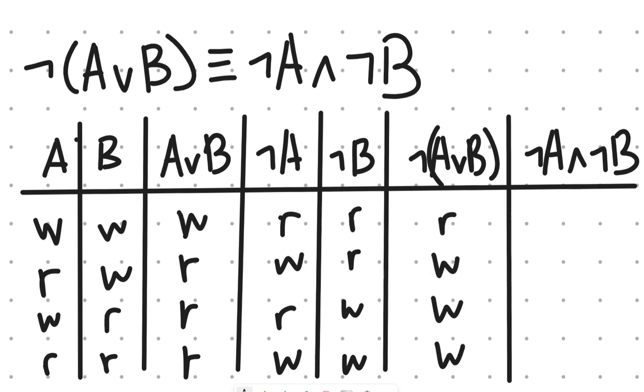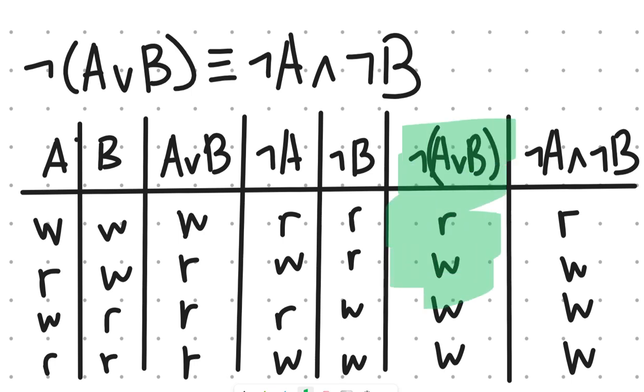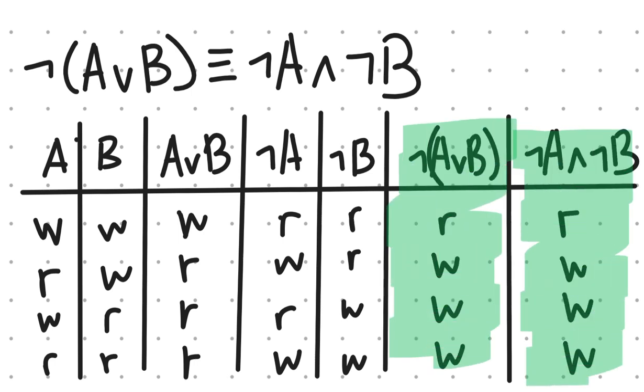And not A and not B. If one of them is already wrong, then everything is wrong. So both of them are right, so right. One of them is wrong, so wrong. One of them is wrong, so wrong. And both of them are wrong, so wrong. Now we see that those two are equivalent to each other, so we have just proven that it's congruent or equivalent.